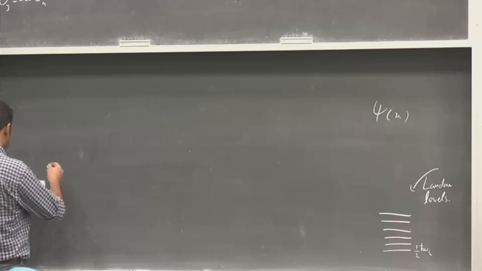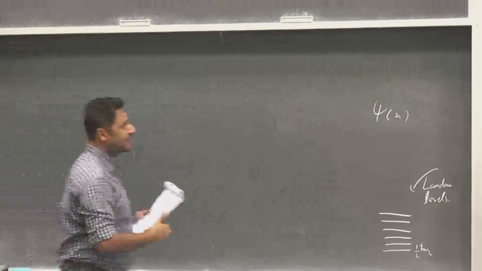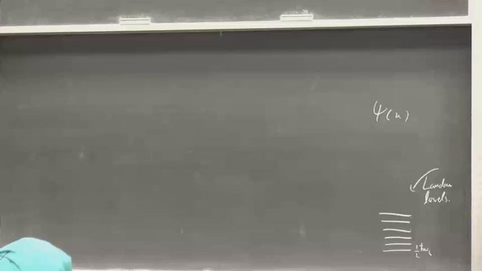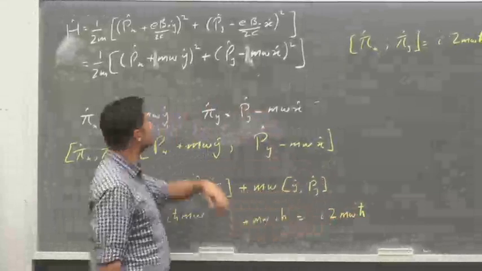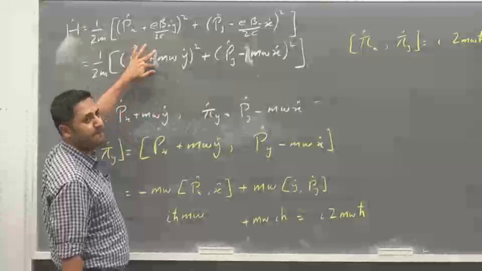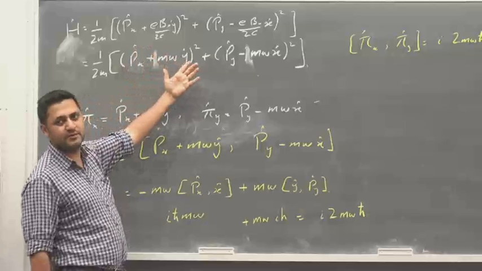So consider this combination. We had added these two and subtracted these two, and we found that they are canonical, almost canonical with a constant. So what if I flip them? Flip the signs. Obviously it will give me an independent operator, independent of this.